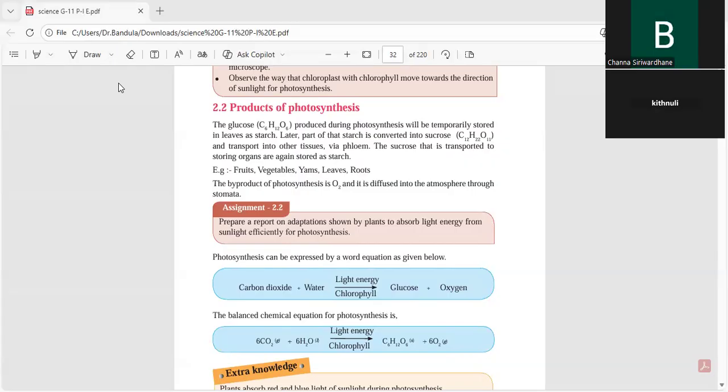And so there are few short questions actually. First one is, what is produced during the photosynthesis?